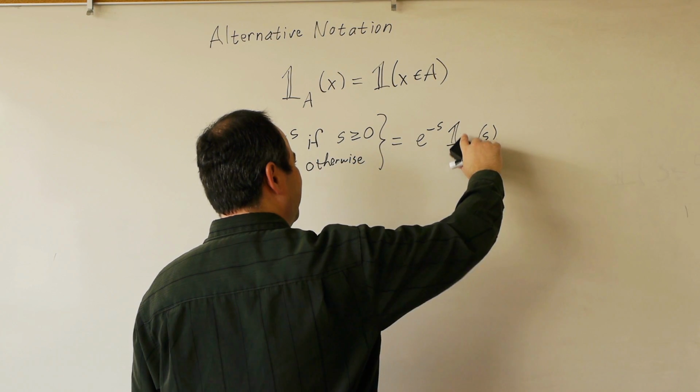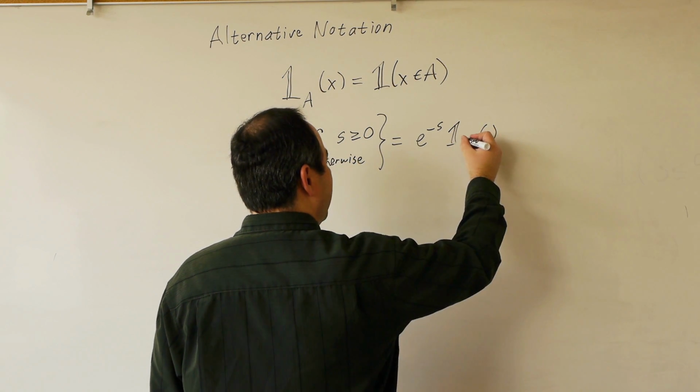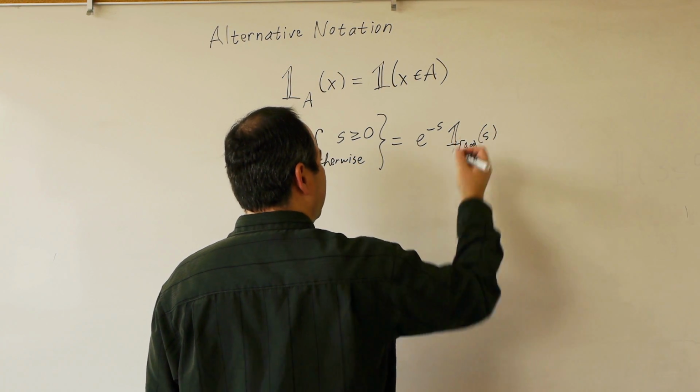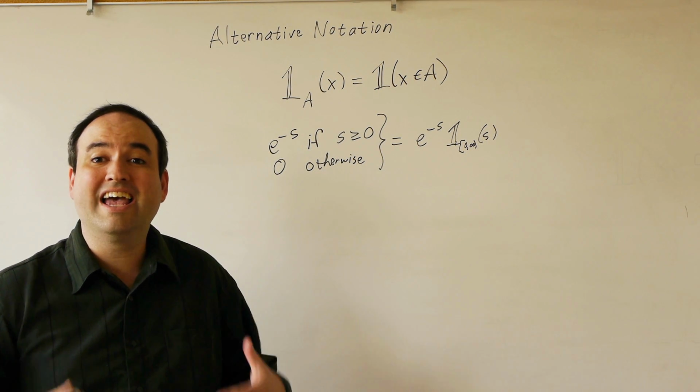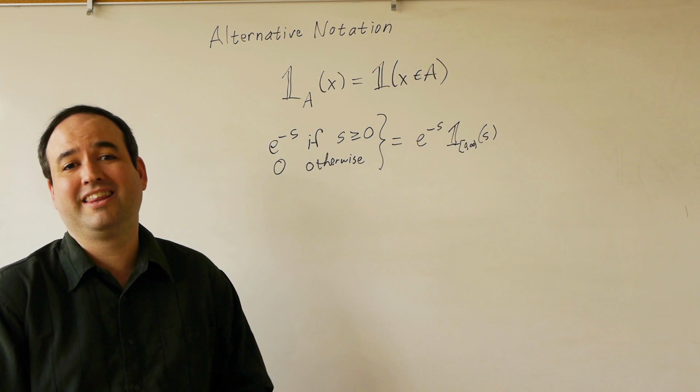And it's actually inclusive on my 0, so I'll have a square bracket on that part of the interval. So it's really just another way of describing the indicator function.